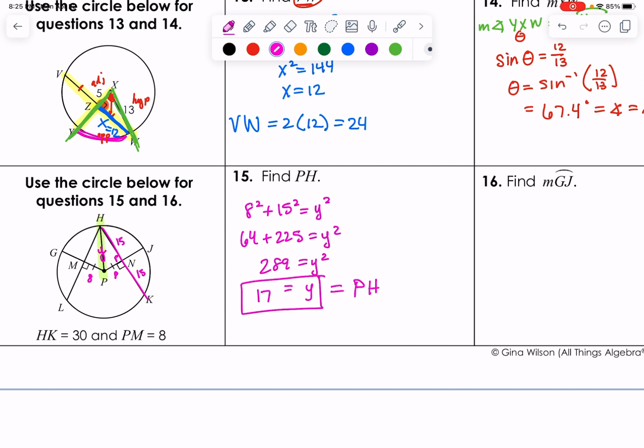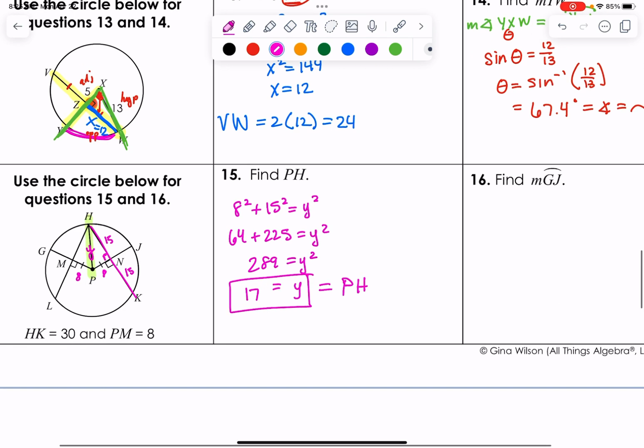Okay, so that was just the right triangle using the Pythagorean theorem. The next thing that I want to find is the measure of arc GJ. Well, the first thing I'm going to do is figure out how to find this angle.